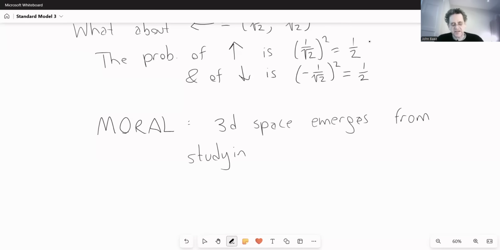More precisely, what I mean is that if you start studying a qubit, you discover there are lots of qubits, and each qubit describes a possible spin for an electron or any other so-called spin 1/2 particle. And this spin can point in any direction, and it always has the same length, so it has to lie on a sphere like I'm drawing here, but it can point in any direction on this sphere.